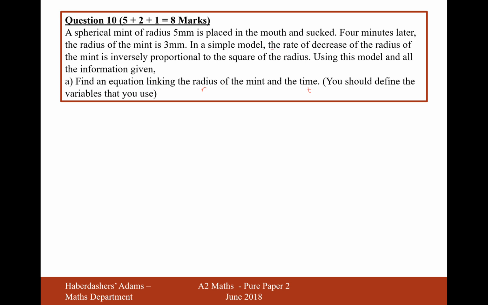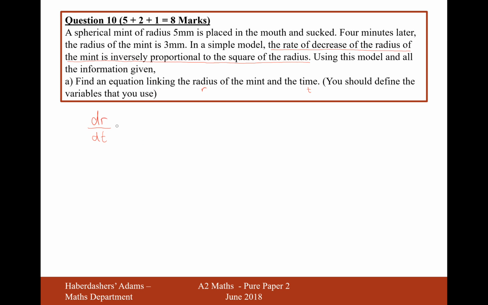In a simple model, the rate of decrease of the radius of the mint is inversely proportional to the square of the radius. Okay, so we need to form a differential equation out of this. The rate of decrease of the radius. Now, whenever it says the word rate, we have dt on the bottom. What's the rate of? It's the rate of decrease of the radius.